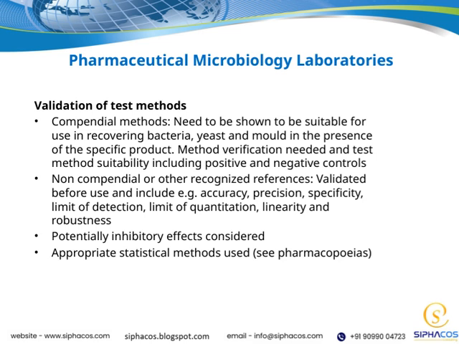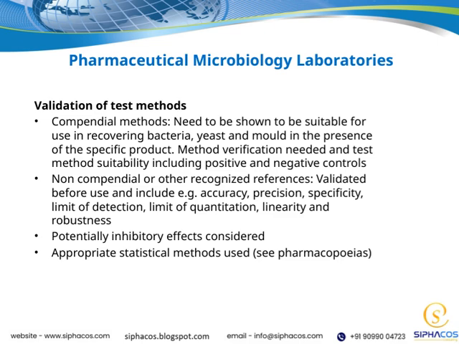Moving on to non-compendial or other recognized reference methods, these need to be validated before we use them. Validation here covers aspects like accuracy, which tells us how close our measurements are to the true value, precision, or how reproducible our results are, and specificity, ensuring the method detects only the target organisms.